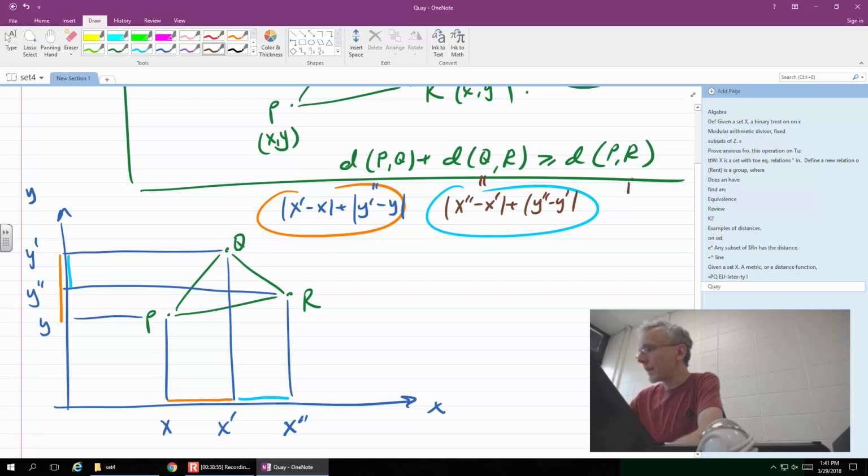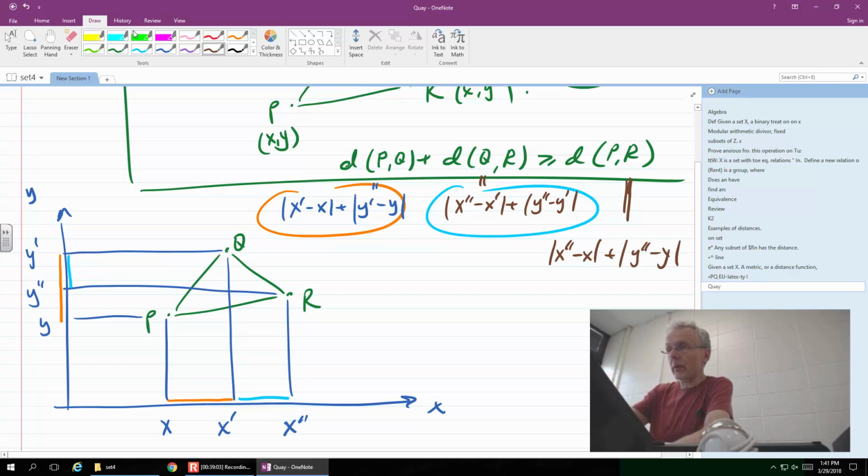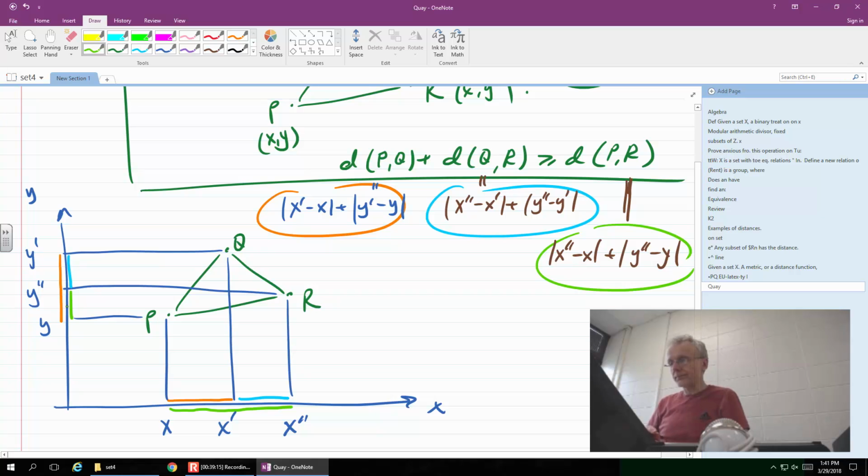And the third, this is the one. It is |x double prime minus x| plus |y double prime minus y|. Let's make them green. x double prime minus x is this one, and y's is this. So how do we combine these?